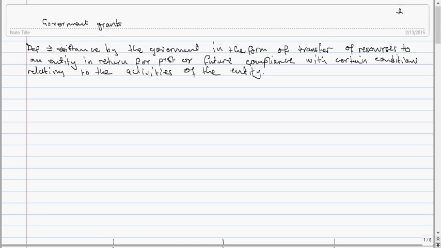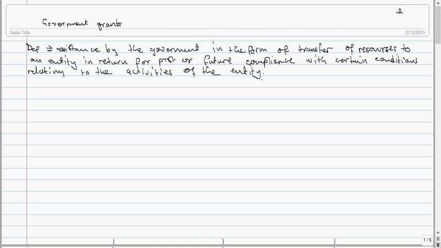So the government is trying to coerce the company to act in a particular way by giving it certain privileges in terms of resources so that it can achieve that set objective.